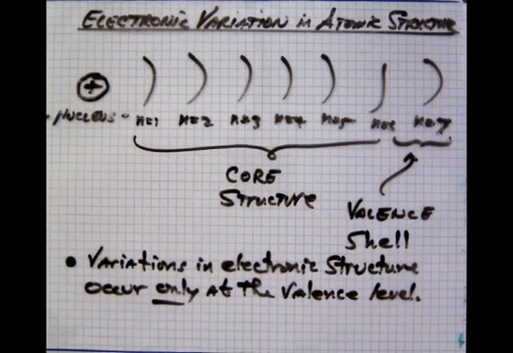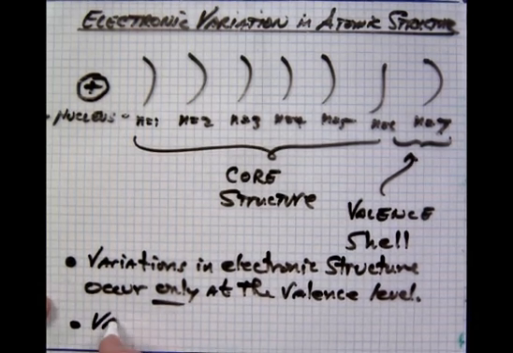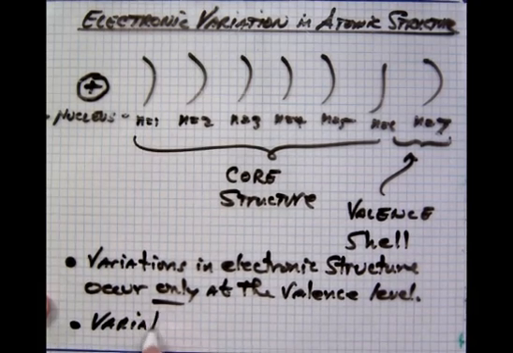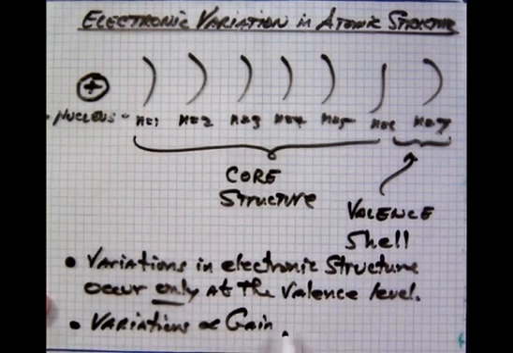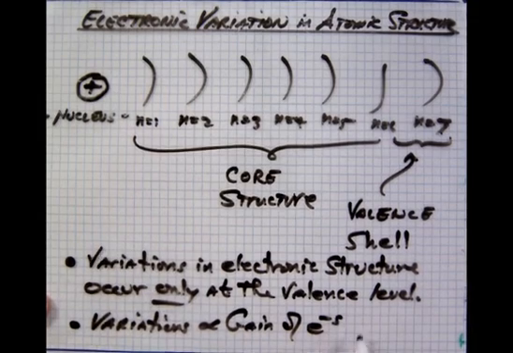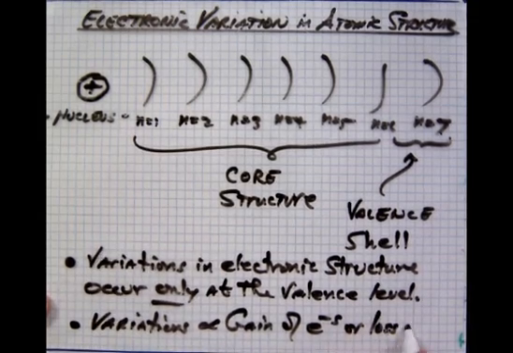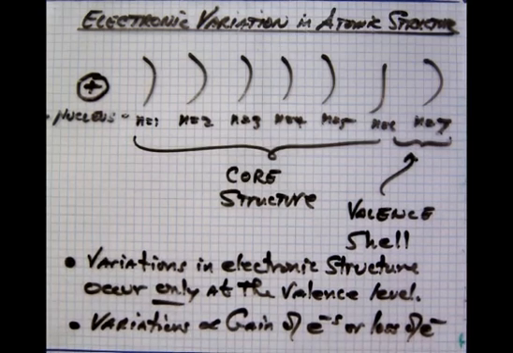Variations are typically defined in terms of gains and losses of electrons. Gain of electrons would be characterized in terms of gaining to the valence shell, or losing electrons from the valence shell.